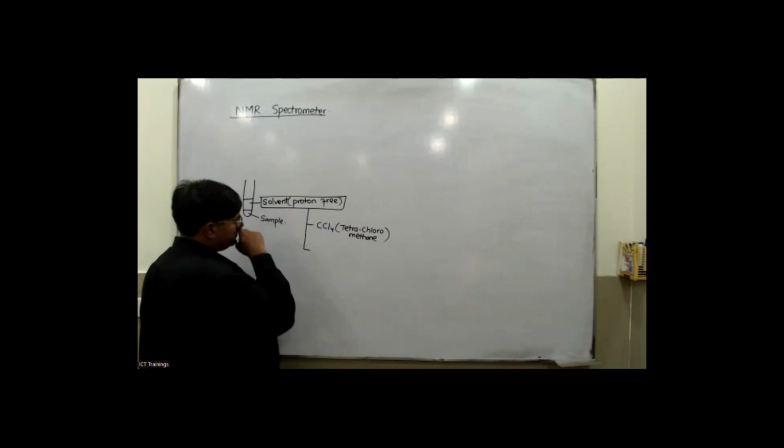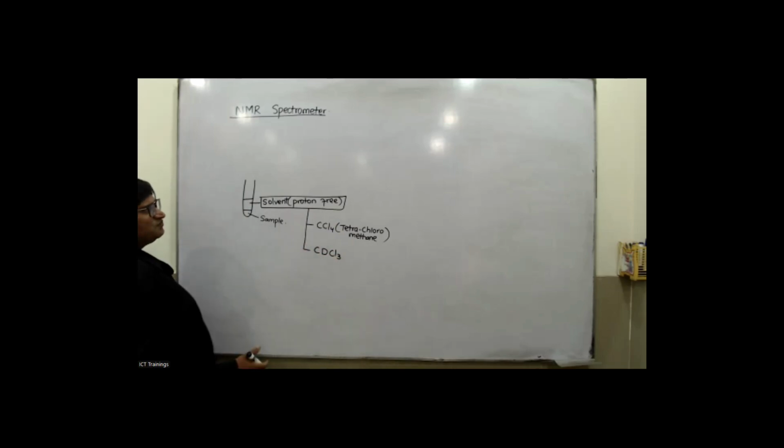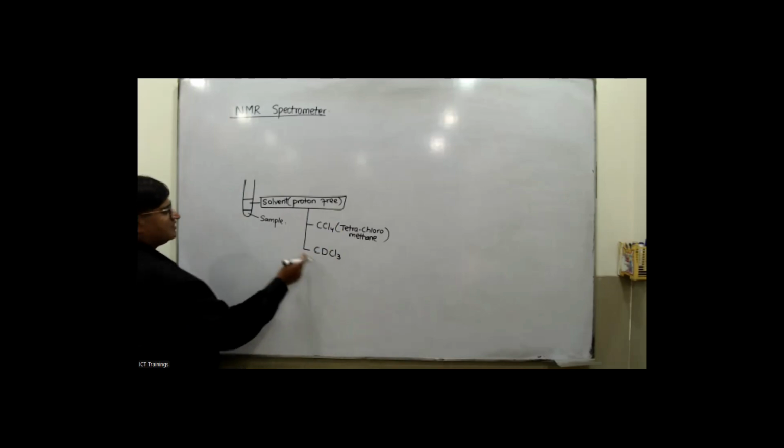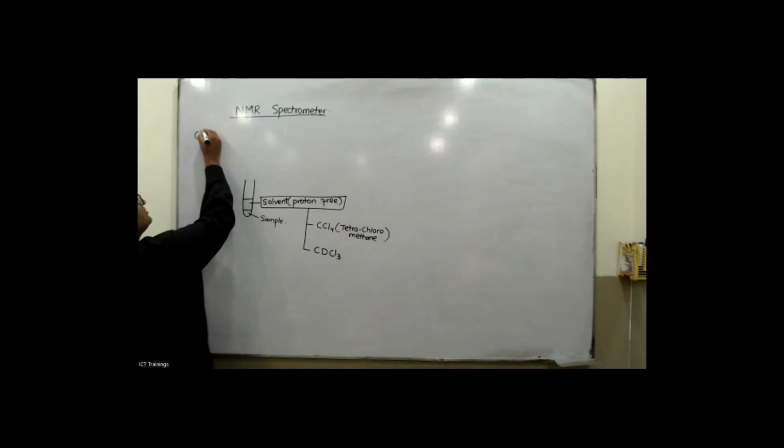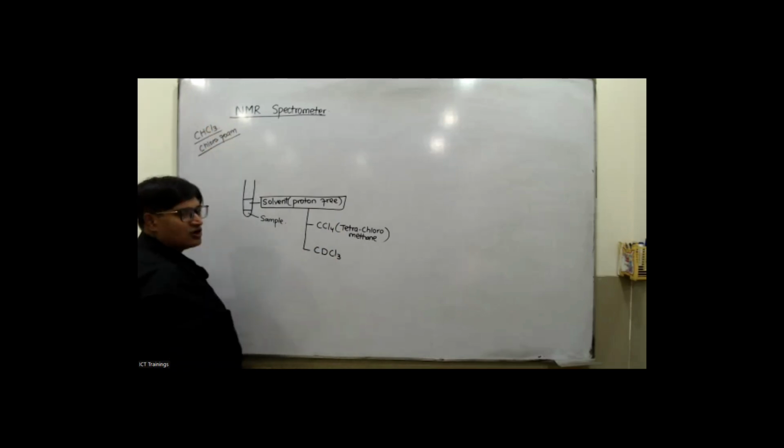The second solvent we should use is CDCl3. I think when you have done free radical substitution, you have seen CHCl3. This is called chloroform. It is basically trichloromethane. So hydrogen is the normal isotope, which is the protium one.